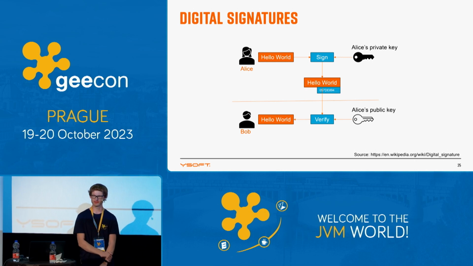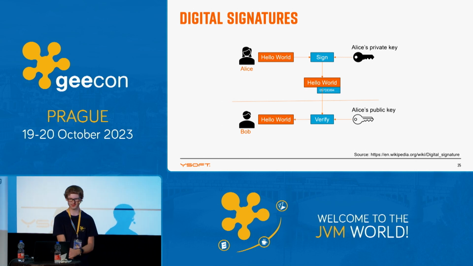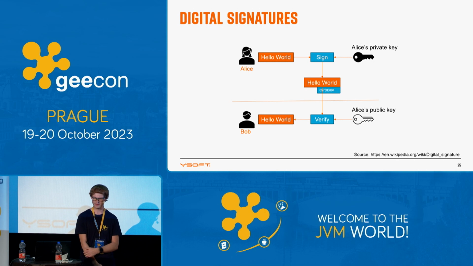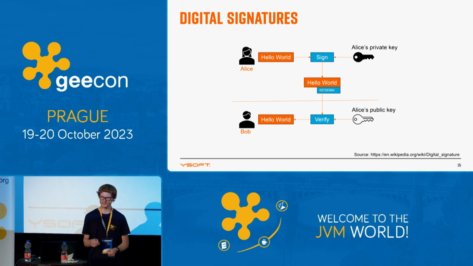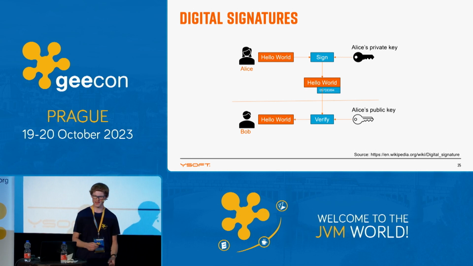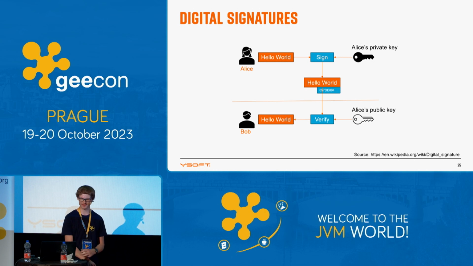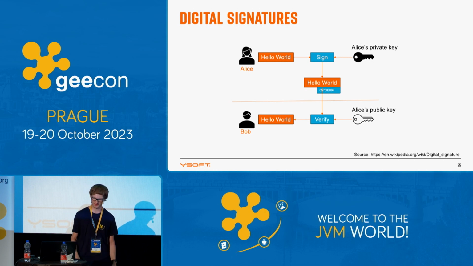She will beforehand generate a pair of keys: a private key she will never share, and a public key she will share with the world. She will then do some hardcore mathematics on the message and the private key to compute a signature with which anyone, especially Bob here, can verify that it was really Alice who authorized this message.